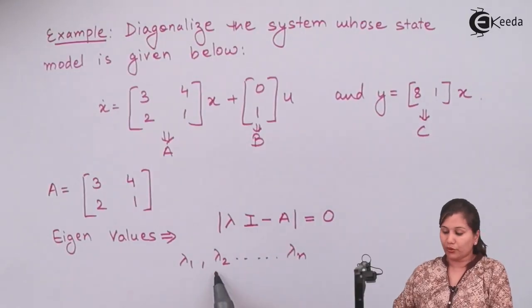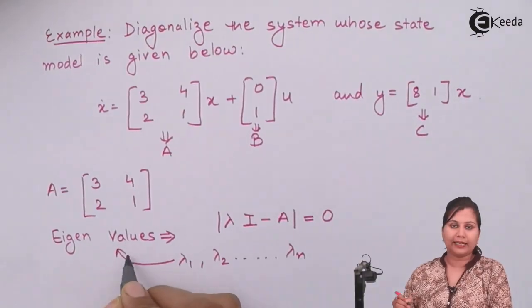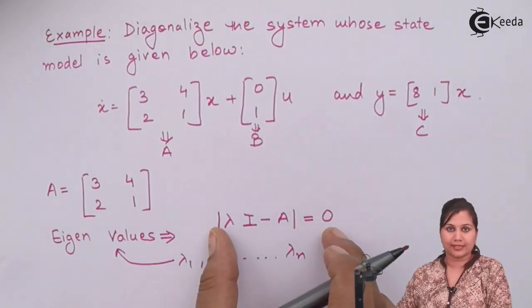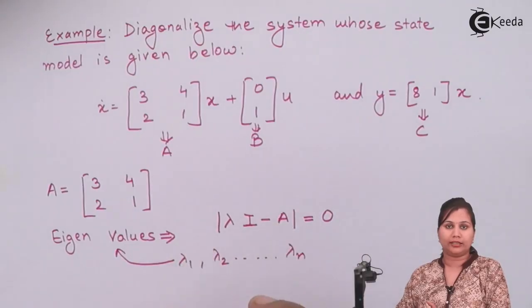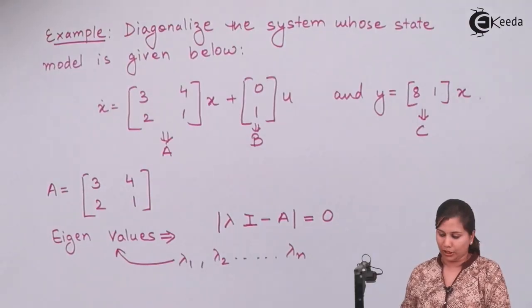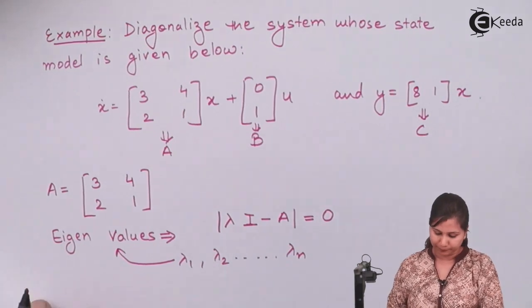These roots are called the eigenvalues of matrix A. So we first determine the characteristic equation, then determine its roots, and those roots are the eigenvalues. Let's first determine this characteristic equation.